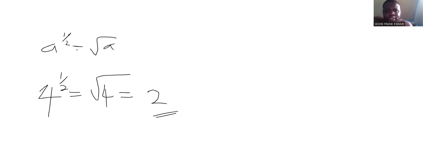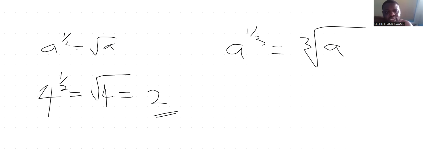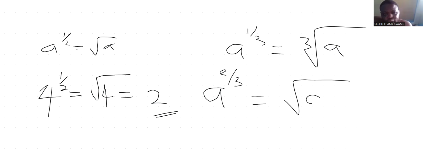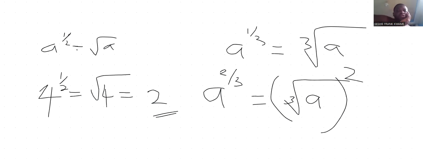If you have A to the power 1/3, then that's the cube root of A. And if you have A to the power 2/3, that means the cube root of A all squared. So the top is always exponents, the bottom is always roots. If you have A to the power 3/4, it means that the 4 here is the fourth root, so the fourth root of A, and the 3 at the top is the exponent. So we should take note of fractional indices, or fractional powers.